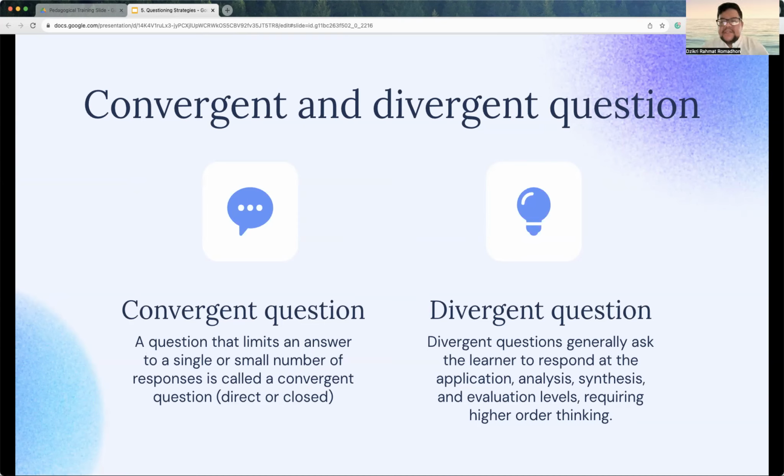The second one is divergent questions, which are for higher order thinking, and usually they are open-ended questions, and you can give a rating scale for the answers.